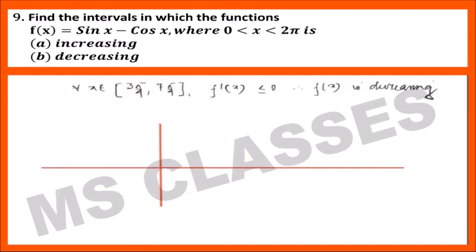Now, y equal to sin x minus cos x can be written as root 2 sin(x minus pi by 4).